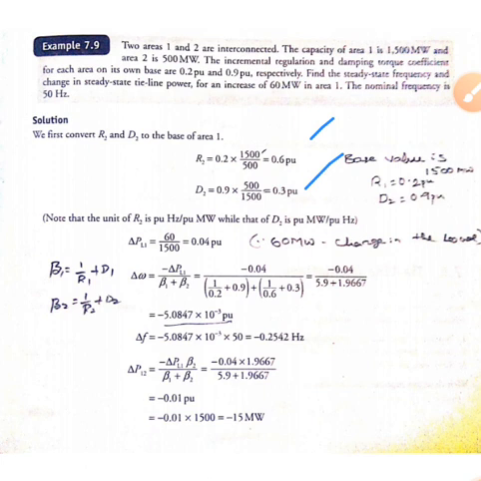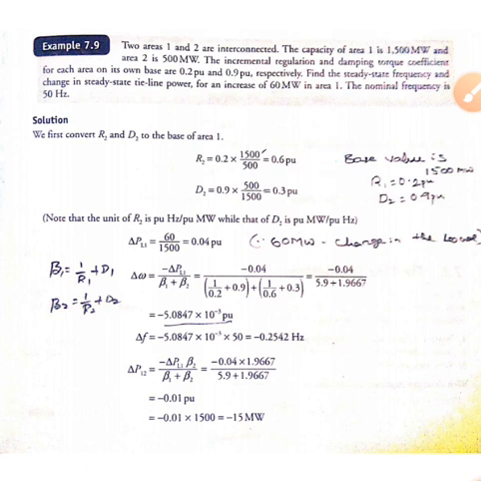Since the base value is 1500 megawatt, we can directly take R1 and D1 as 0.2 pu and 0.9 pu respectively, but we need to calculate R2 and D2.